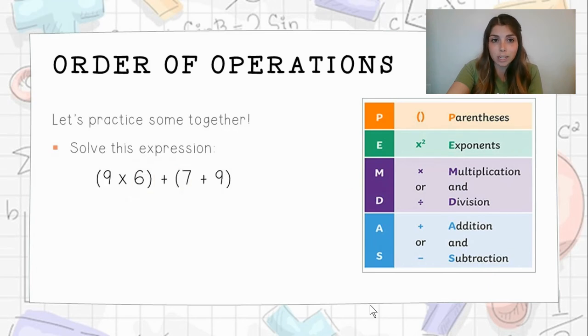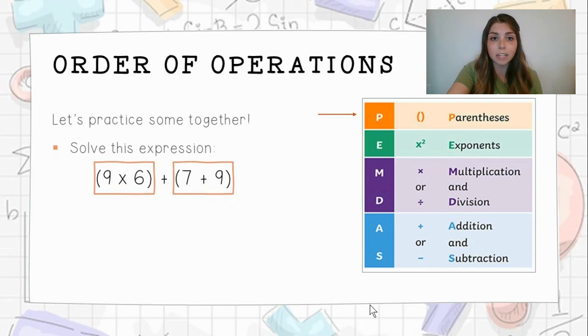Let's do one more together. This one includes a double set of parentheses. So I still want to solve each of the parentheses first and then bring down my answers to the next line. So I'm going to solve 9 times 6 and bring my answer down, and solve 7 plus 9 and bring my answer down. In addition to those answers, I want to bring down that addition sign in the middle that I haven't used yet.